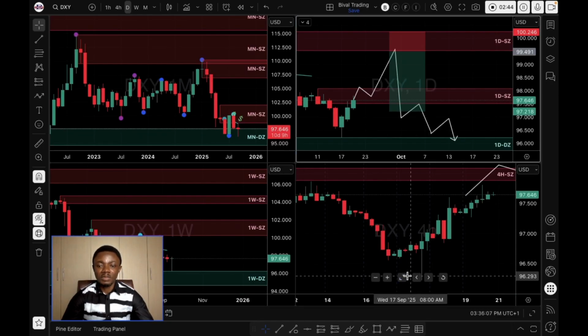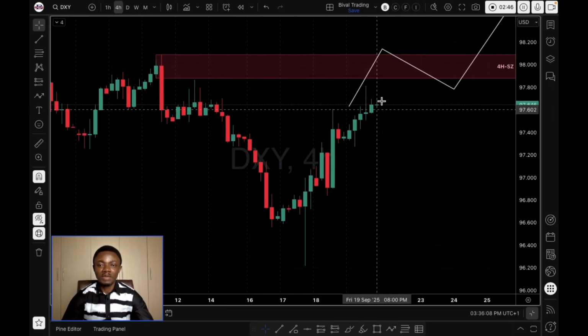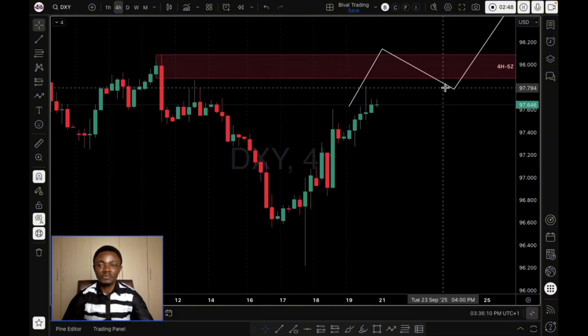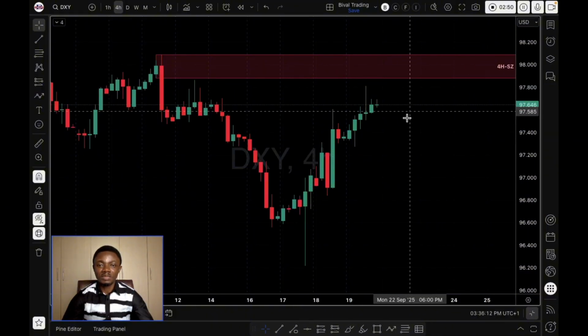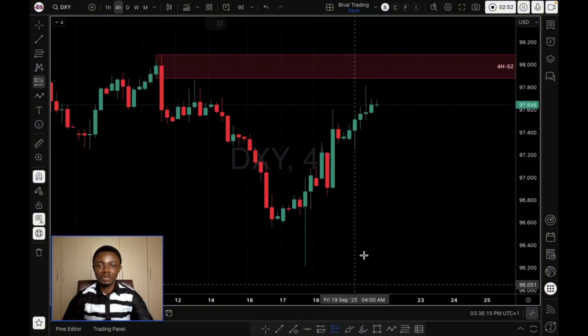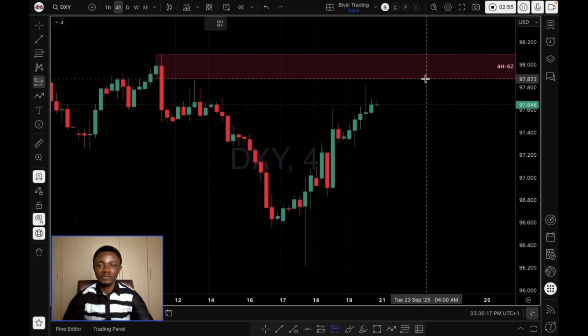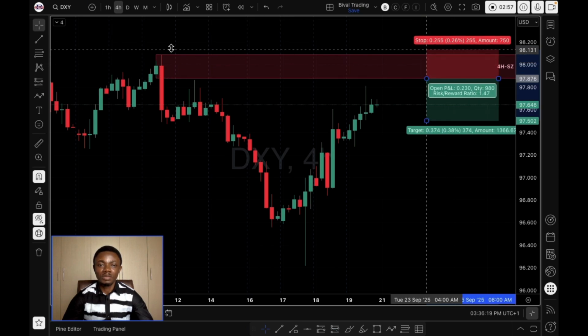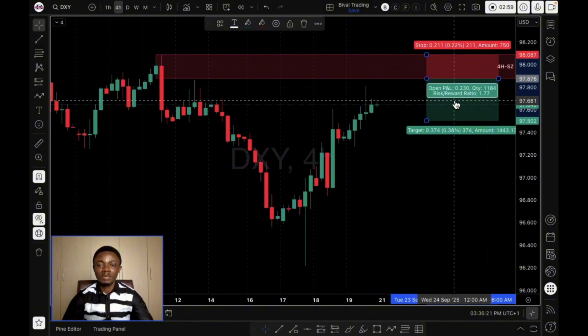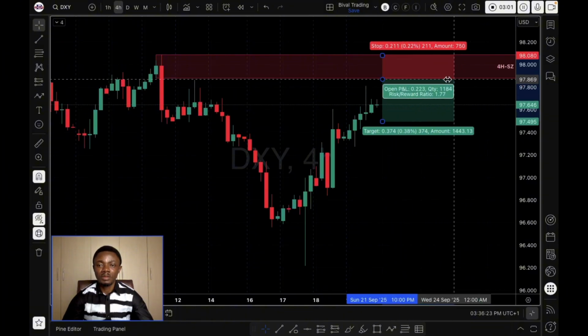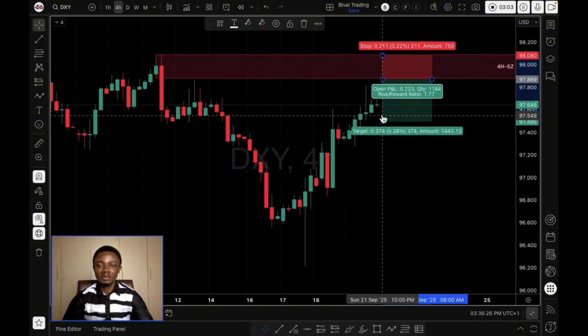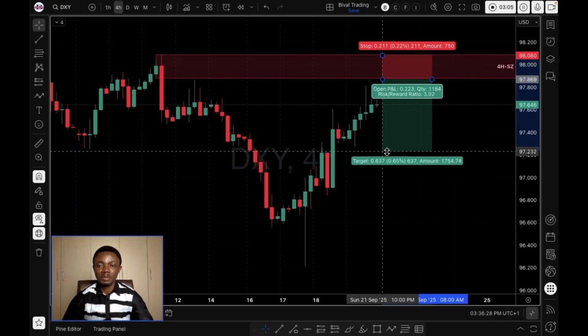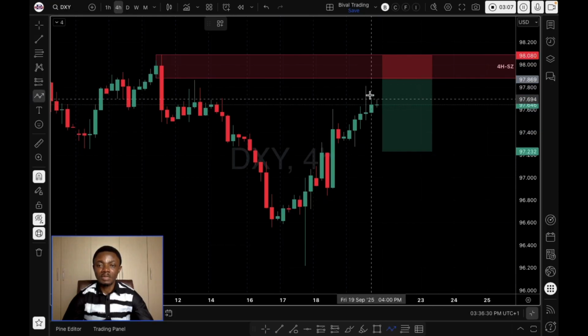On the 4 hours, you can see we have this supply zone that is also fresh. So on the 4 hours time frame, as price opens in the coming week, I can comfortably short from this zone. As price opens in the coming week, you might see a push to the upside and then a drop. This is what is likely to happen as price opens next week.